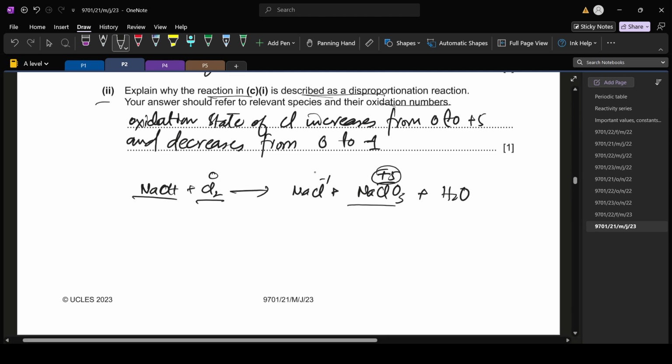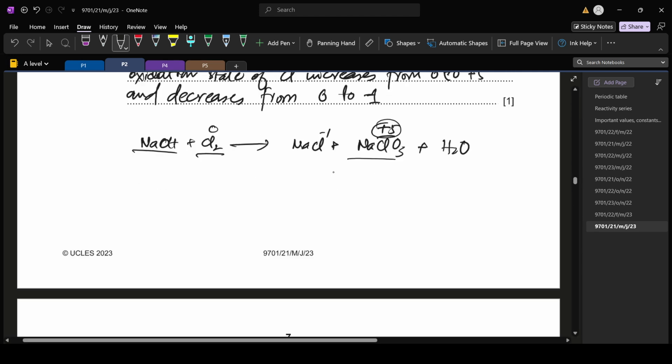So that's why this reaction is called a disproportionation reaction.